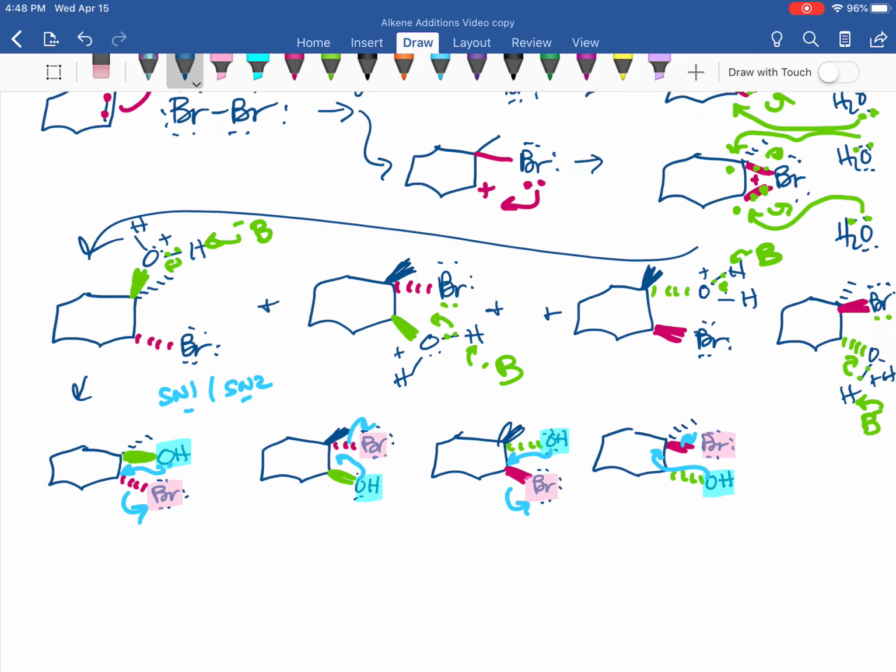All right, so for each one of these, remember that ring formation can't happen trans. Those bonds have to be on the same side. They physically can't reach. So whatever side your oxygen is on, it is going to stay on that side. It is literally just moving over.